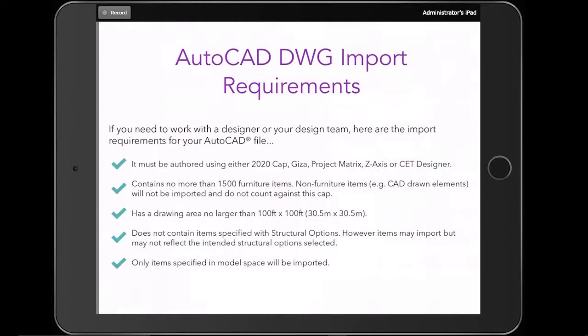It also needs to contain no more than 1,500 furniture items. It needs to have a drawing area no larger than 100 feet by 100 feet. It cannot contain items specified with structural options, and only items specified in model space will be imported. If your file goes against these requirements, you will face an error when you're importing.